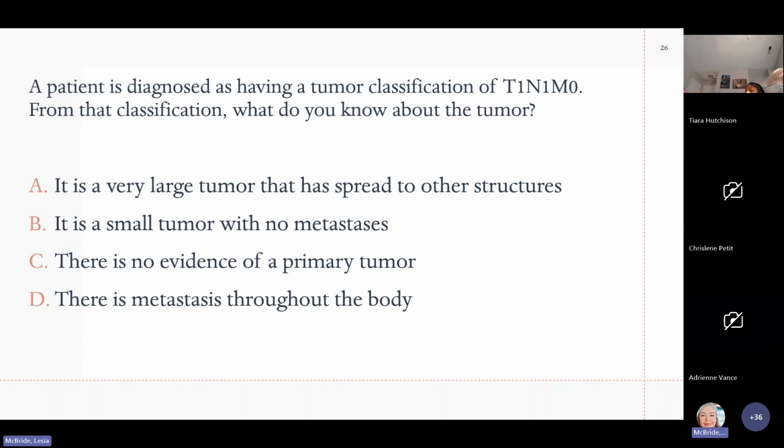But M0 means what? Yes, B. Miss Fish got it too. Yes, Miss Sherry, good job. Okay, B. You guys have got it.